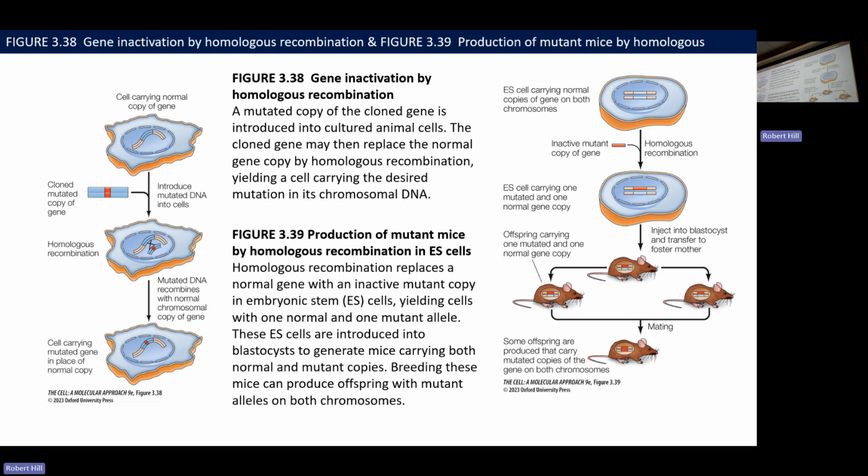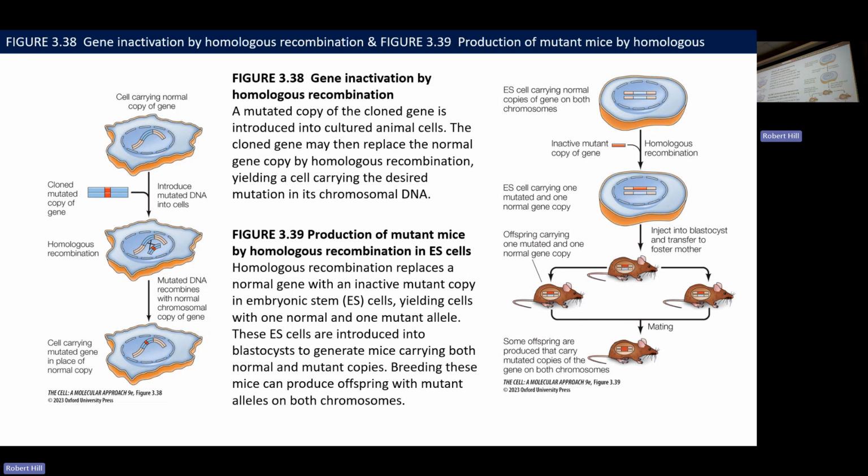When you're using embryonic stem cells, you can introduce one inactive mutant copy, so it only has one copy of the homologous pair containing your mutant. But you could then take that organism and breed it with another organism that has only one copy, so mating them together would produce a homozygous organism.